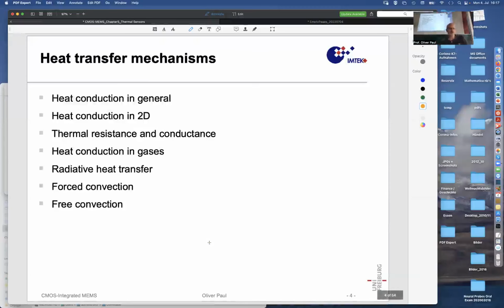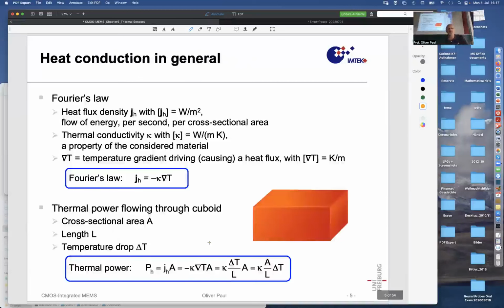So let me just go into these thermal phenomena. I summarize them here in heat transfer mechanisms because they are essential in the operation and also limiting of the performance of thermal sensors. I'll go through those now one after the other. So, of course, you know about thermal conduction.